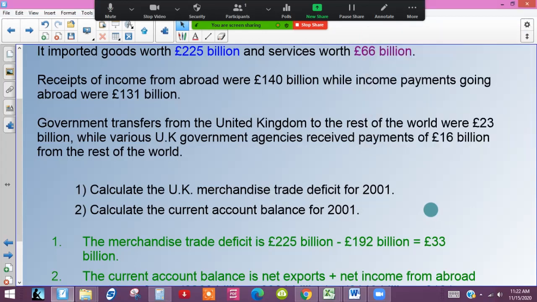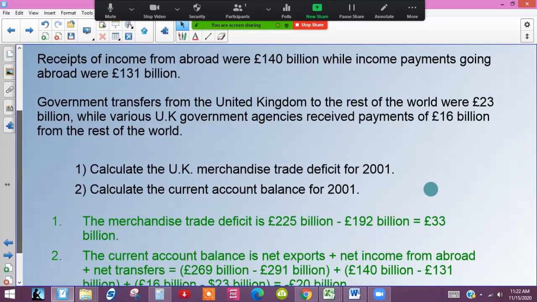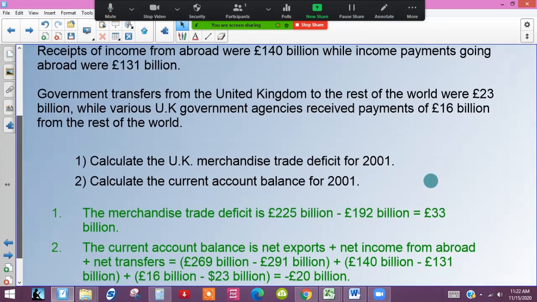Now, secondly, they're asking us to compute the current account balance.